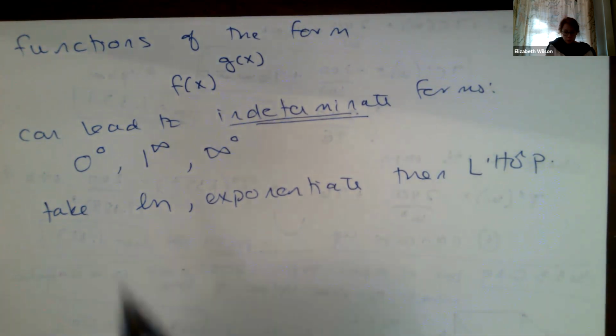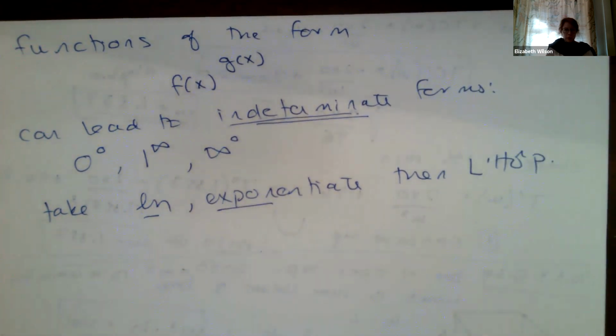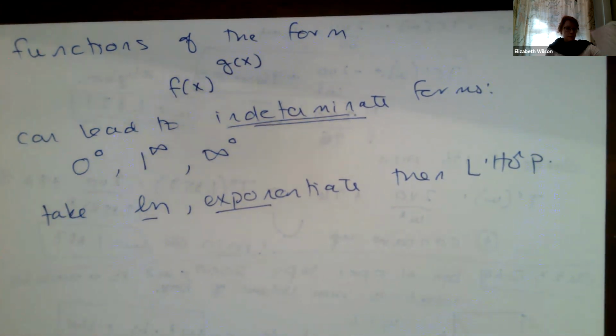So all we're doing is exploiting this inverse relationship between natural log and e to the x to essentially resolve this limit. Example 8 is a perfect example of this. So example 8, we're going to take a look.